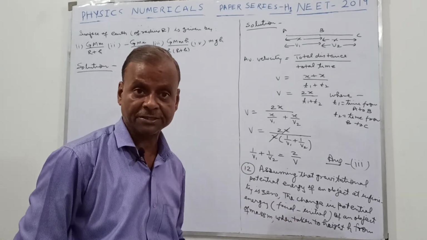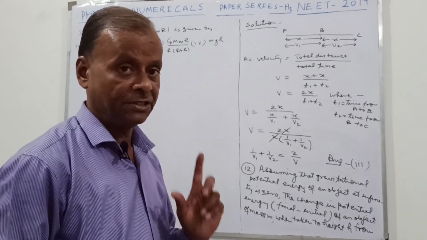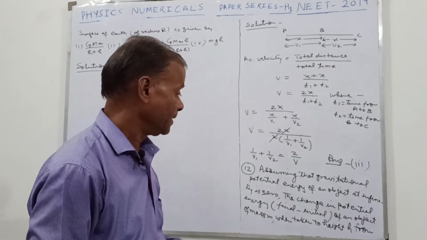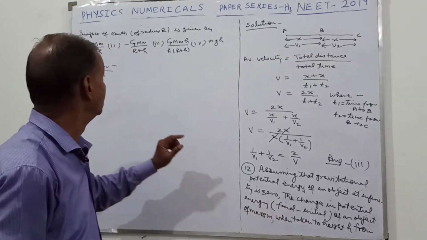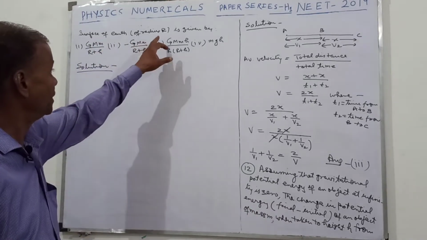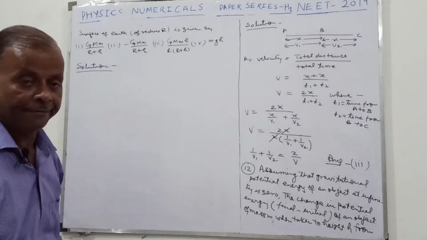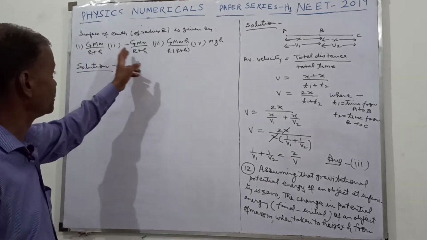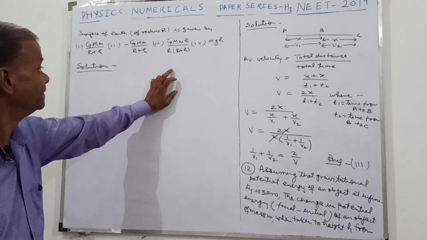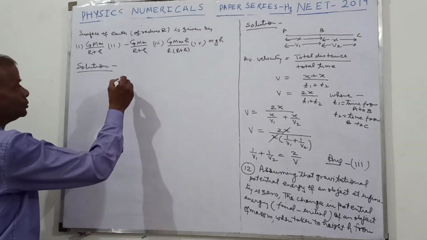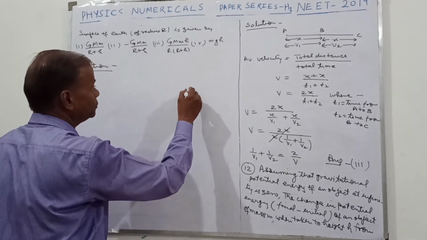So final gravitational potential energy minus initial gravitational potential energy of an object of mass m when taken to the height h from the surface of the earth of radius r is given by. Now in the options given here, the capital M corresponds to the mass of the earth. So this is now your earth.